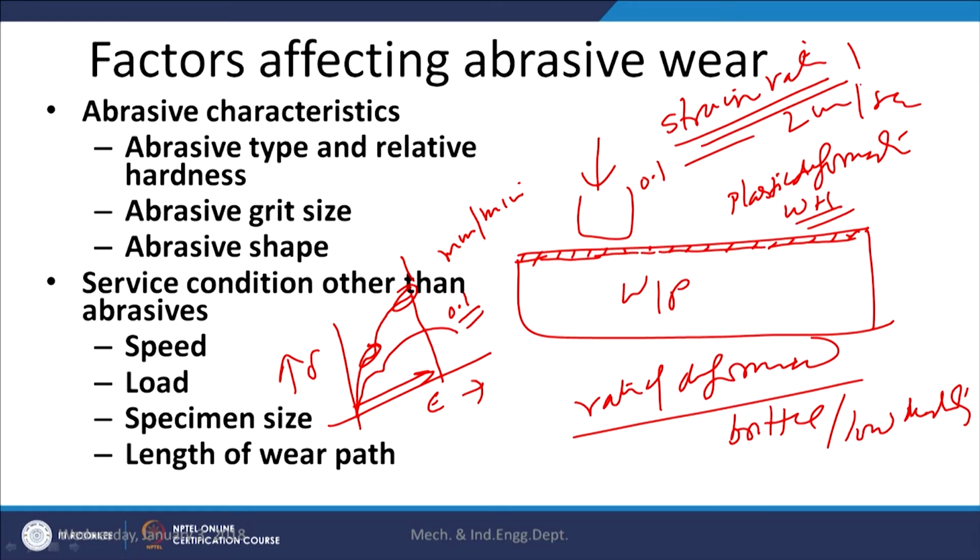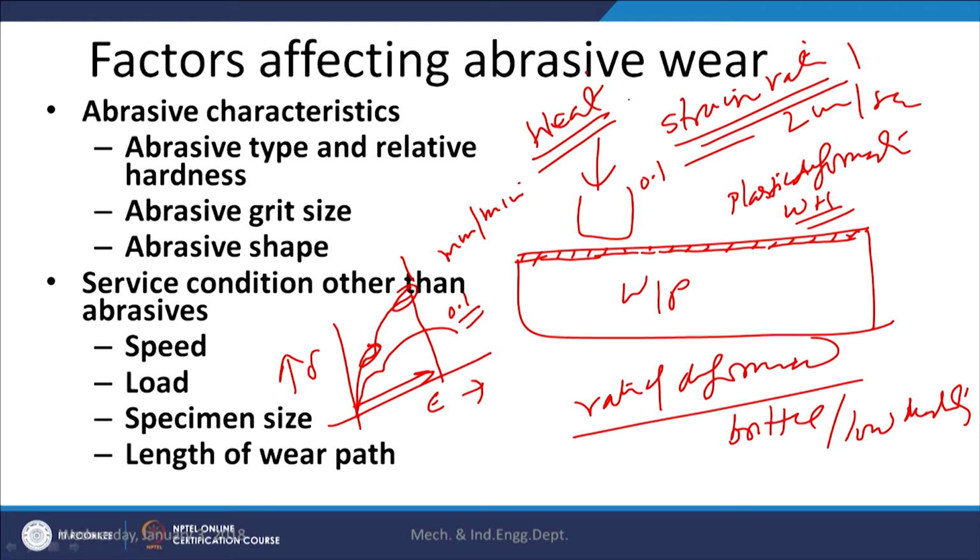Another aspect is that whatever work is done during the interaction of the abrasive particles with the workpiece, a part of that work is converted into heat. So, when we move the abrasive at a higher speed, more heat localization will take place, which in turn will increase the temperature of the workpiece surface layer.